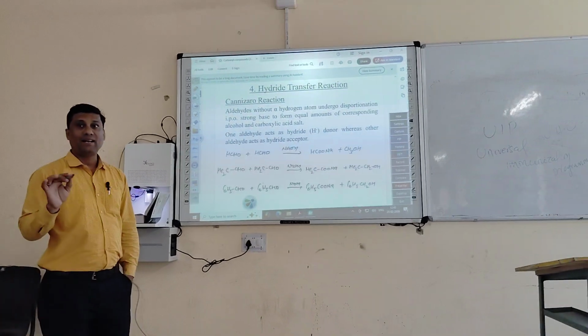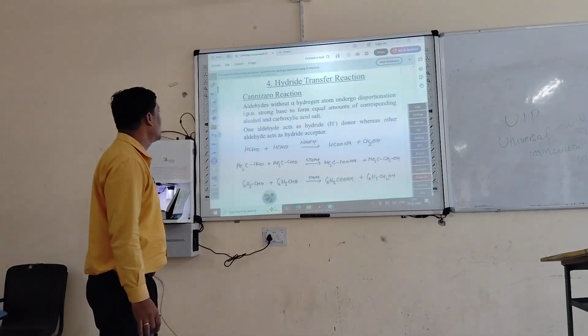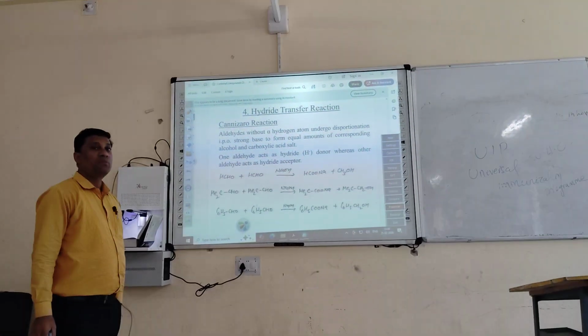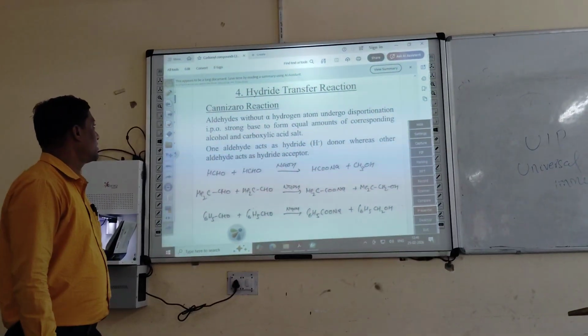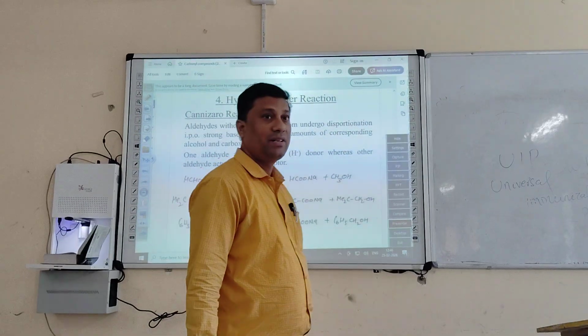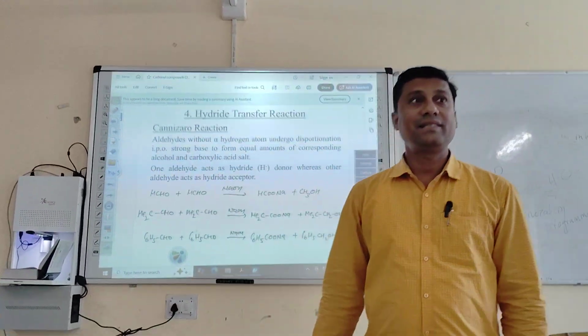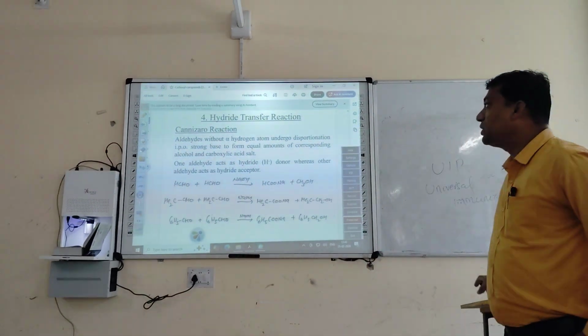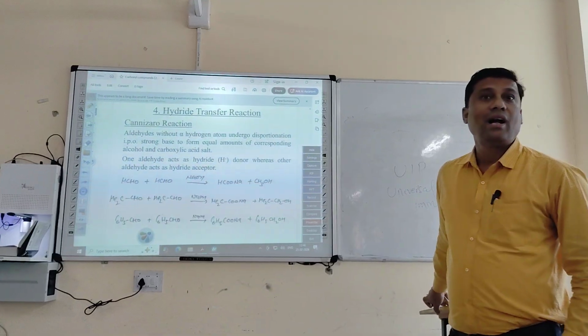Here the hydride transfer reaction is taking place. The name of the reaction is the Cannizzaro reaction. It involves aldehydes without alpha hydrogen atom.